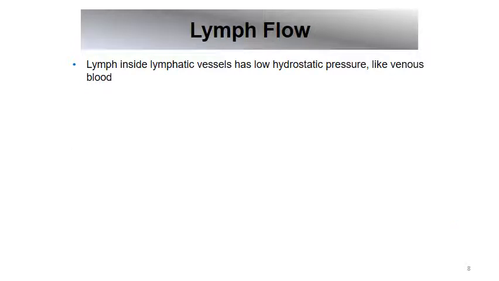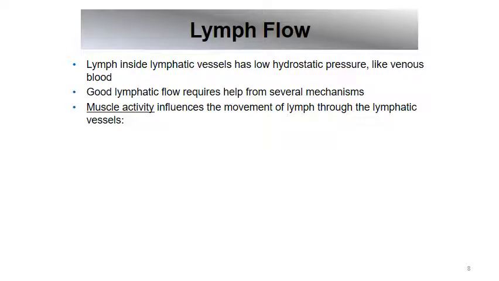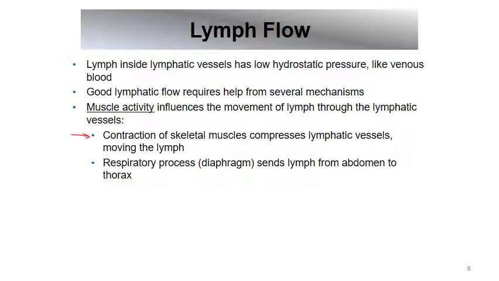The lymph flow inside the lymphatic vessels is very, very similar to how it goes in the veins. So it's very slow lymph flow inside. But here are the main mechanisms that the lymph is able to move. Contraction of skeletal muscles around our lymphatic vessels helps to squeeze the vessels to move the fluid.